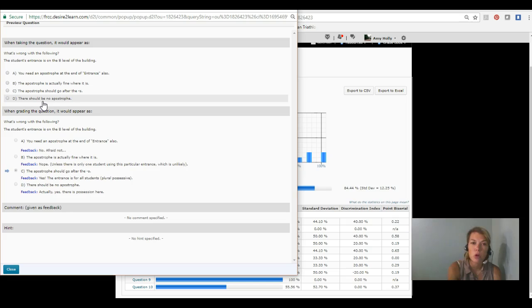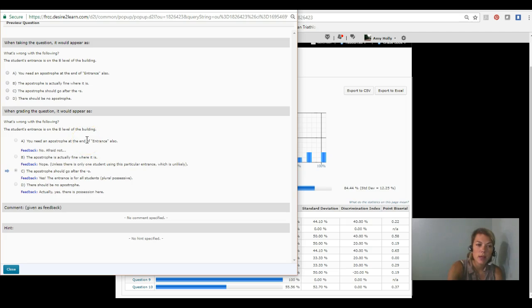As long as you make it plural by adding an S at the end, then you would put an apostrophe after the S for any subject that is plural but also trying to show possession. So the entrance is for the students, it's belonging to them, so to speak. It's more than one student, so the apostrophe is going to go after the S, and C is appropriate.